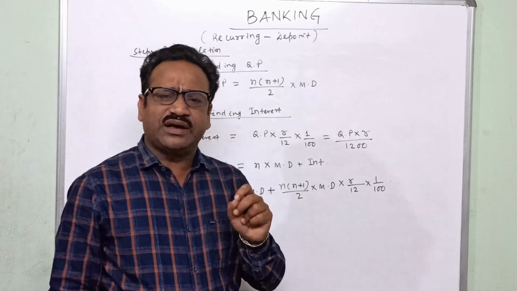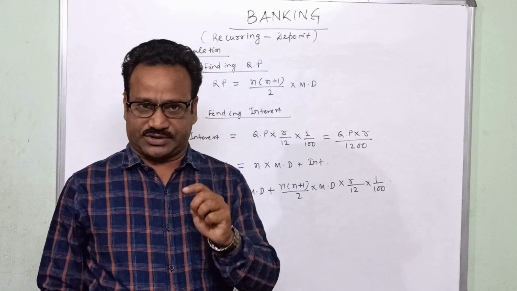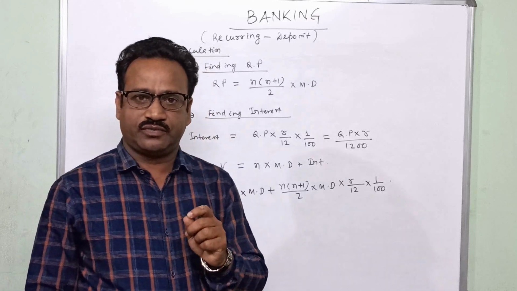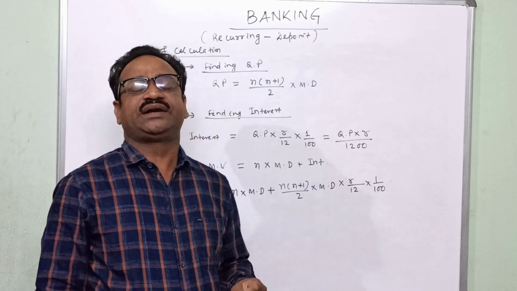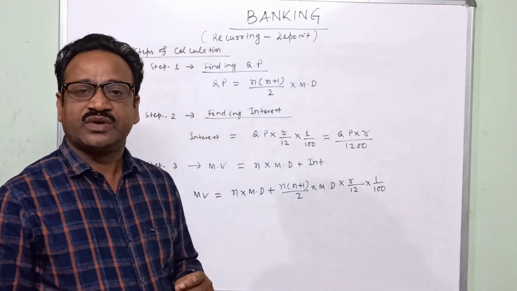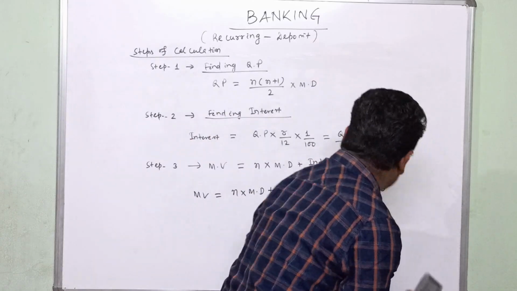Now I will give you 4 examples: one for finding maturity value, one for finding rate of interest, one for finding monthly deposit, and another for finding the tenure or time. So let us start the example.